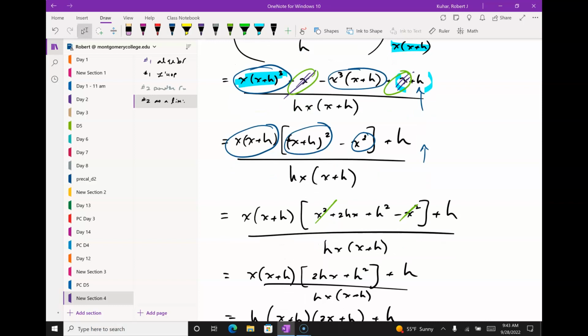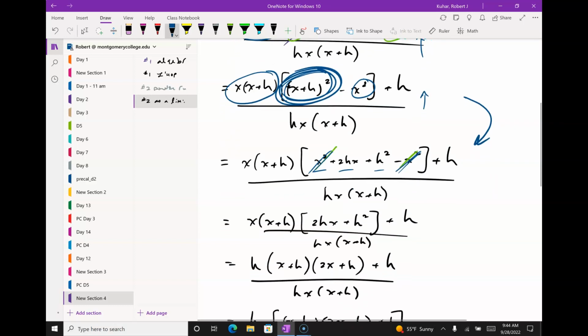So then what did I do from here to here? I expanded this x plus h quantity squared to get x squared plus 2hx plus h squared. And again, my x squared terms canceled there. Trying not to do too much, I've got x times x plus h times 2hx plus h squared, and then plus another h. So I just rewrote it.